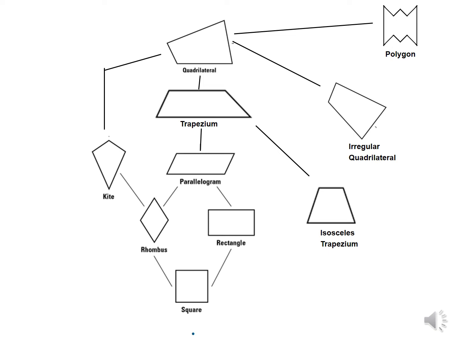A parallelogram has diagonals that bisect. Therefore, so does a rhombus and a rectangle and a square. That's a feature of the diagonals of all of those shapes. They bisect. They have midpoints that meet. A rectangle has diagonals that are equal in length, and they bisect. Therefore, so does a square.